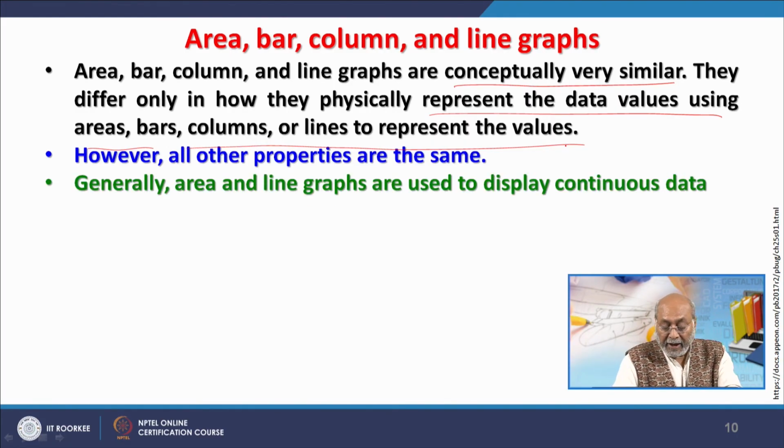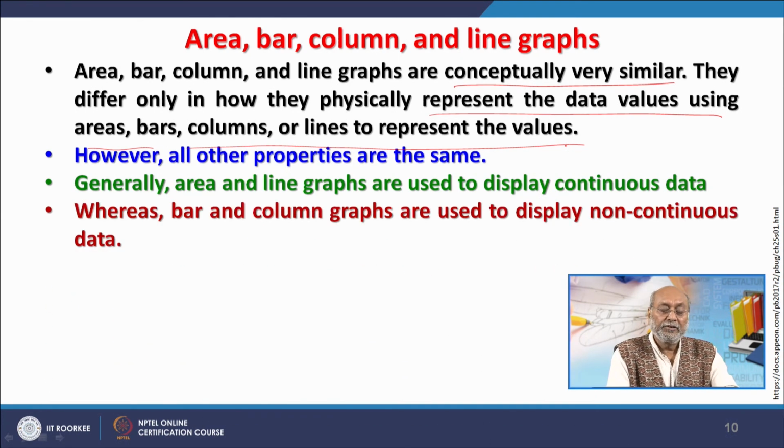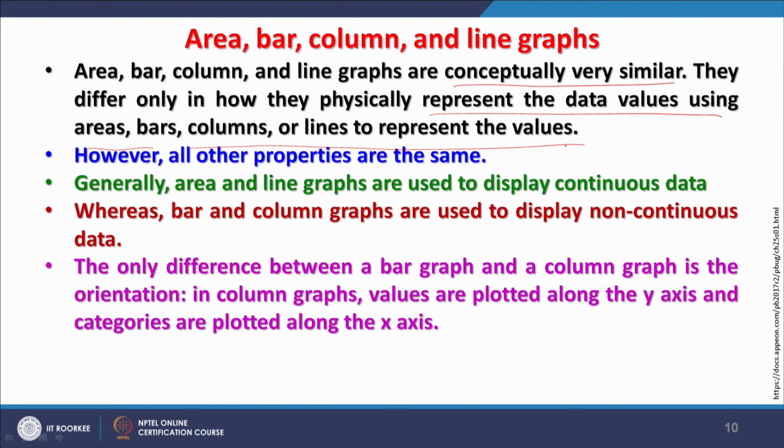The area and line graphs are used to display continuous data, but discontinuous data can also be represented, though sometimes it does not become that convincing. Whereas bar graphs and column graphs are used to display non-continuous data. The major difference between these two is the orientation.